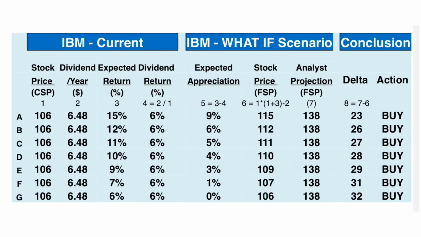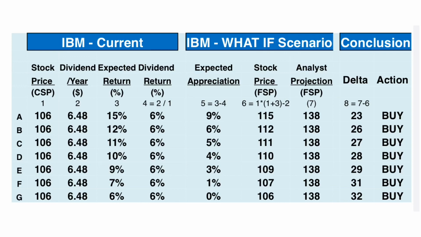Now look at row A, and if I am expecting a 15% return on my investment 1 year from now, then 6% I am getting from dividend. The remaining 9%, which is 15 minus 6, should come from the appreciation of the stock. So that translates to 1 year from now, I would expect the price to be at 115.